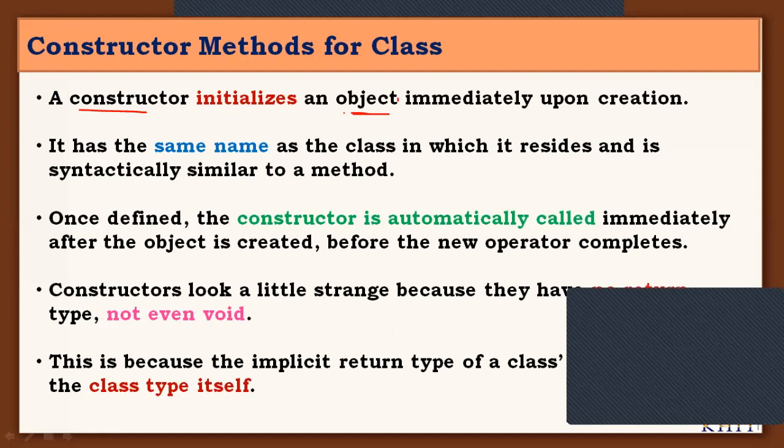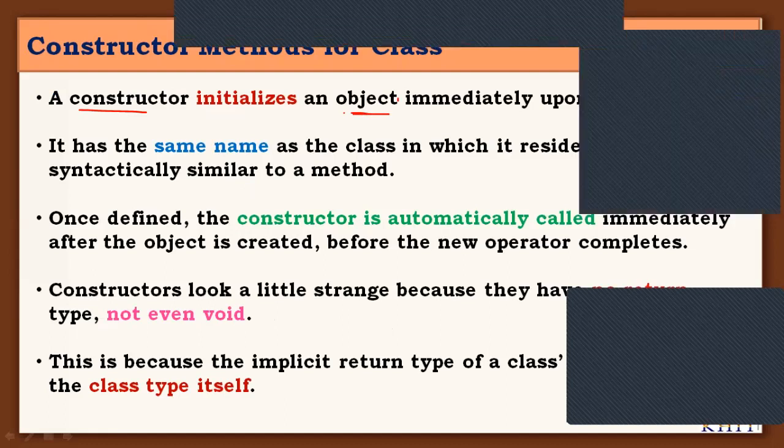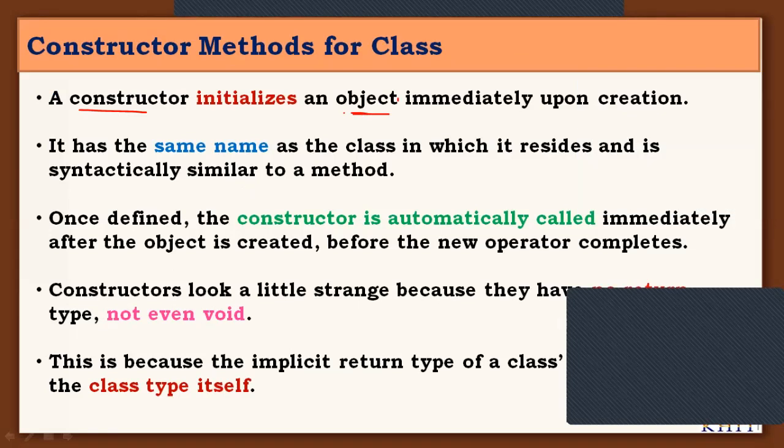That means this constructor initializes an object when it is created. For a given class, we can create an object instance of the class, so the purpose of the constructor is mainly initializing an object of a particular class.